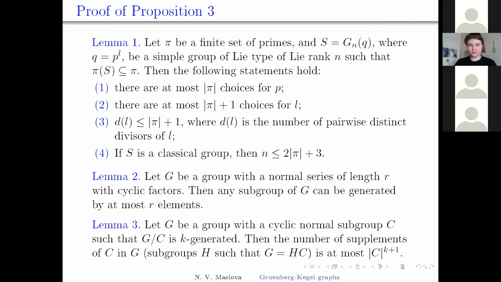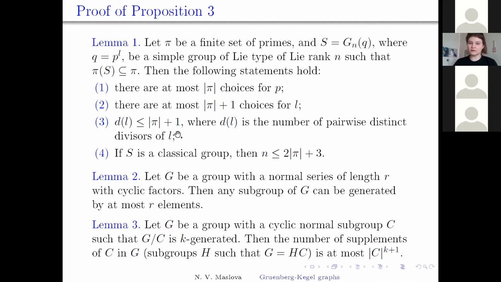We need to recall our magic lemma: if pi is a finite set of primes and S is a group of Lie type of rank n over the field of order q, which is p to the power l, and if the prime spectrum of S is contained in pi, then the following statements hold. The number of choices for p is at most the order of pi, the number of choices of this power l is at most the order of pi plus 1, and the number of pairwise distinct divisors of l is at most the order of pi plus 1.